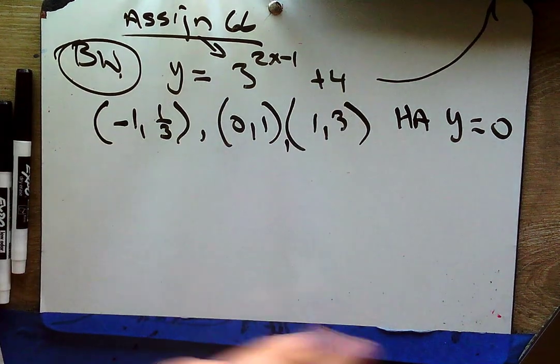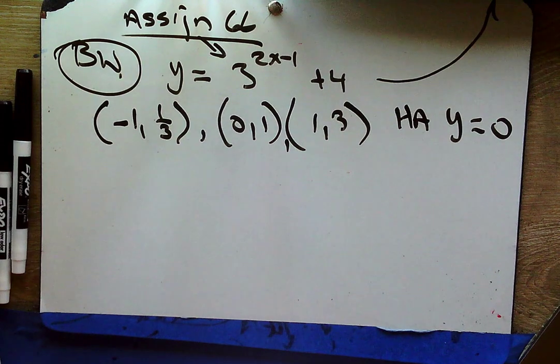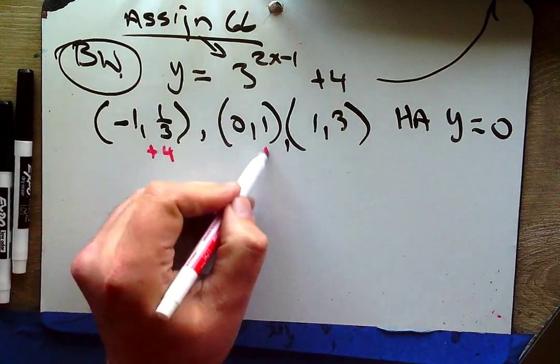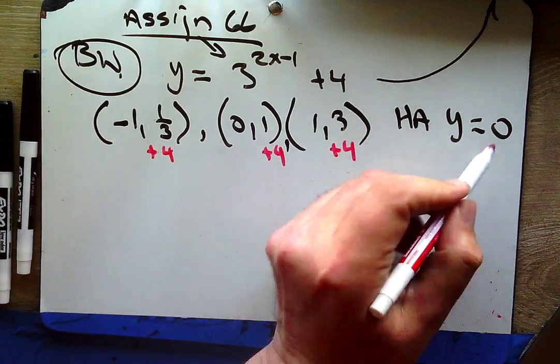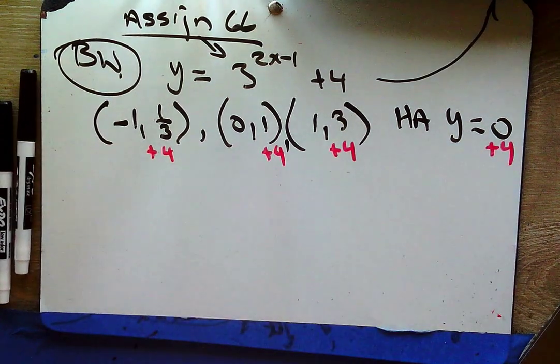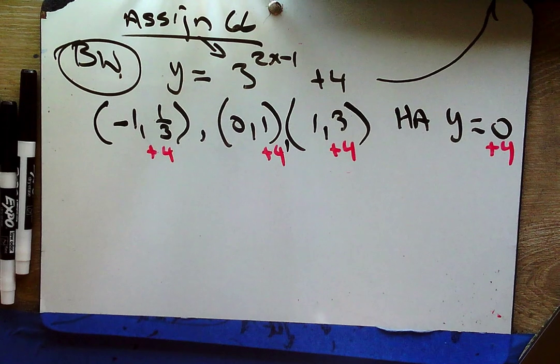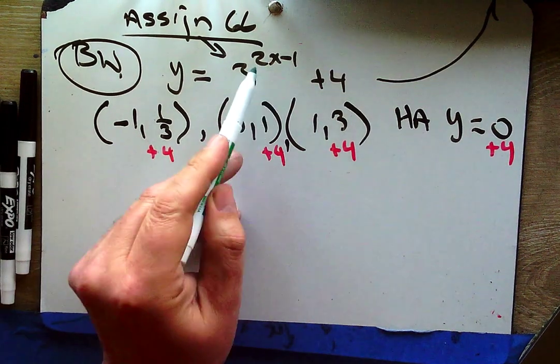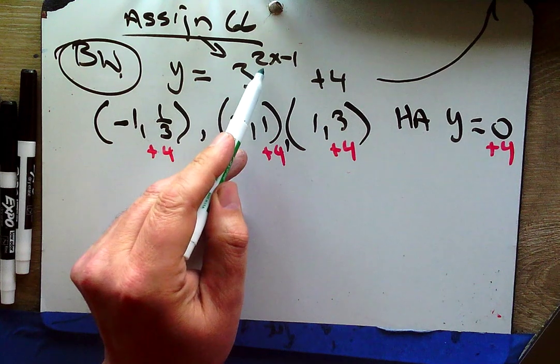I see this plus 4, it's outside the function. And so we know that this plus 4 affects all the y values, including this y value. But what about x transformations? I see 2 of them. I see this minus 1, and I see this times 2.